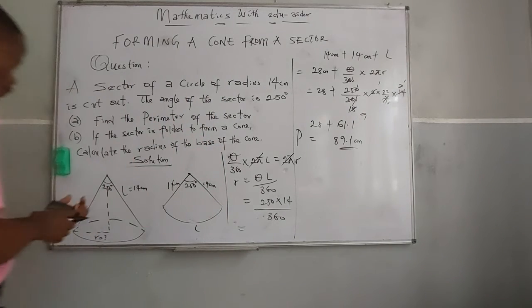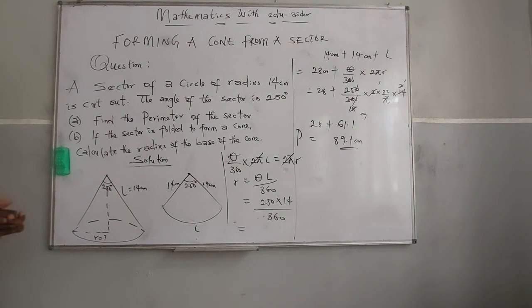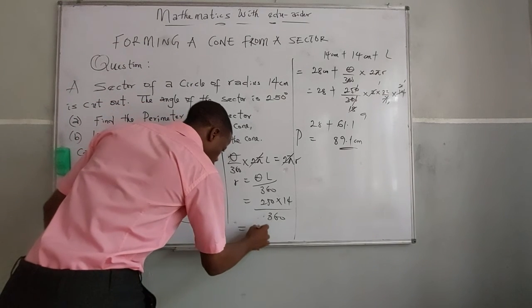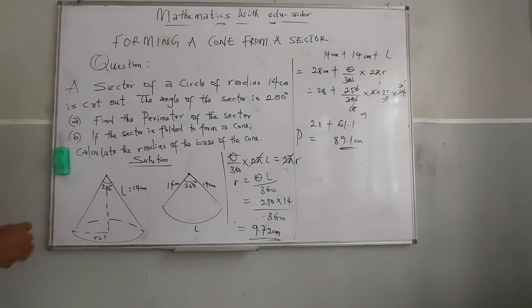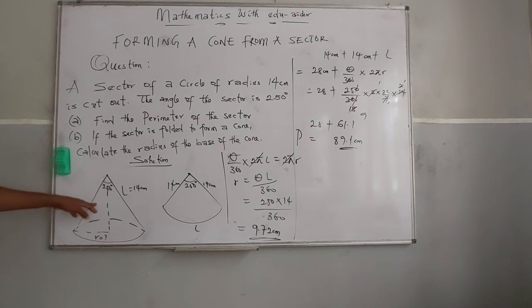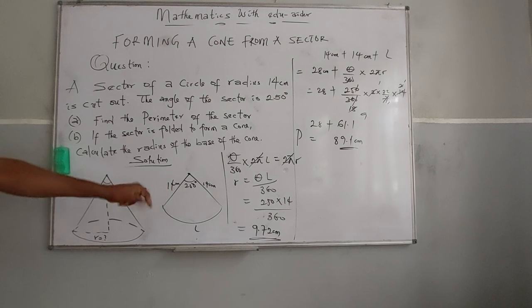So we have 250 times 14, then divided by 360. We have 9.72 centimeter. Therefore, the radius of the cone formed from this sector will be 9.72 centimeter. Thank you for joining me. See you some other time.